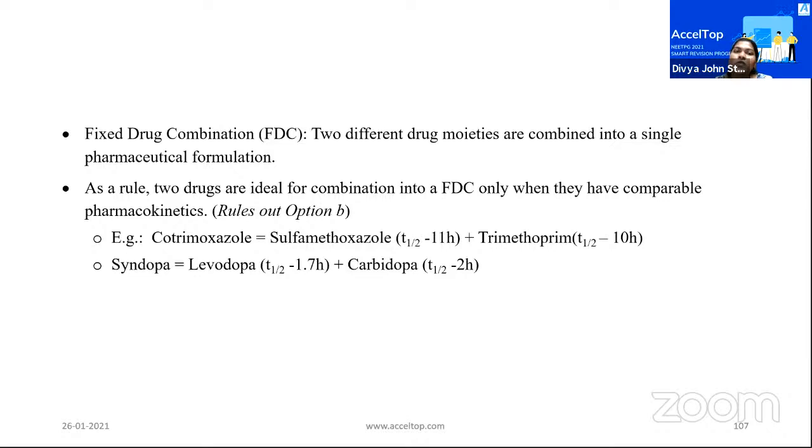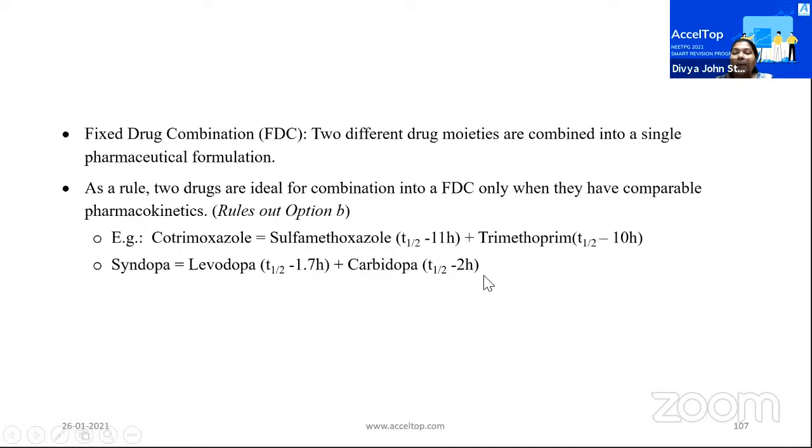So as a rule, two drugs are ideal for combination as fixed dose only when they are comparable in pharmacokinetics. Okay. So for example, cotrimoxazole is a fixed drug combination of sulfamethoxazole and trimethoprim because their half-lives are comparable. Similarly, syndopa is a combination of levodopa and a peripheral decarboxylase inhibitor, carbidopa, because they have comparable pharmacokinetic half-lives.